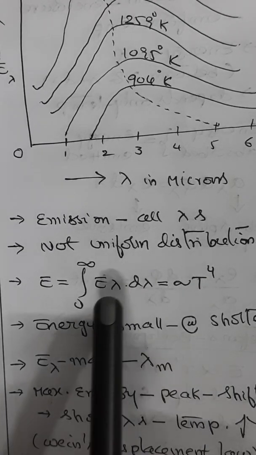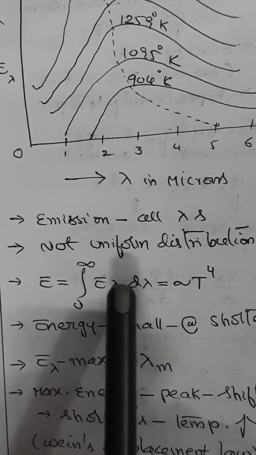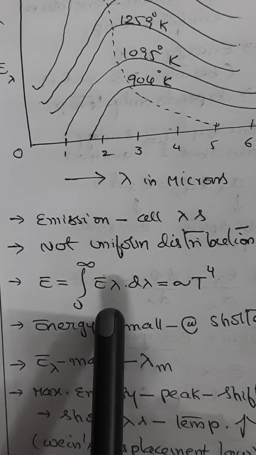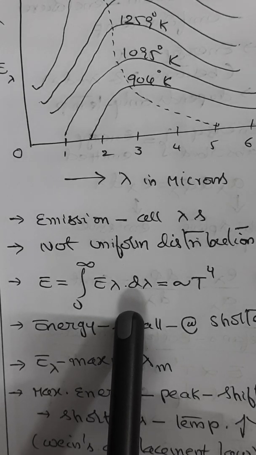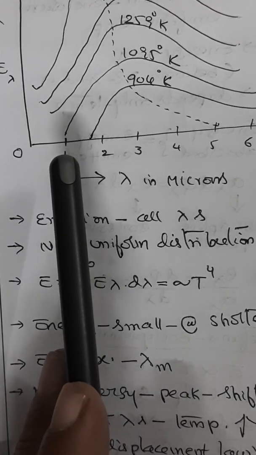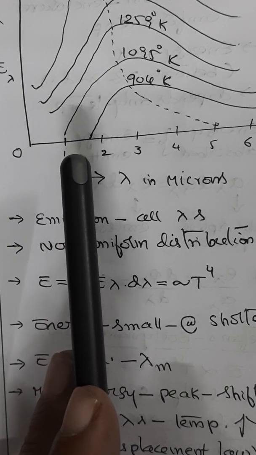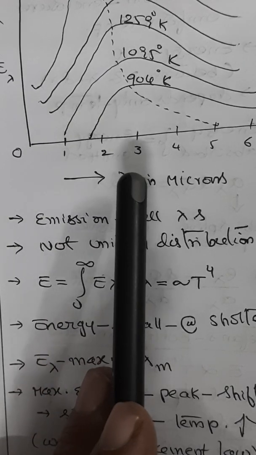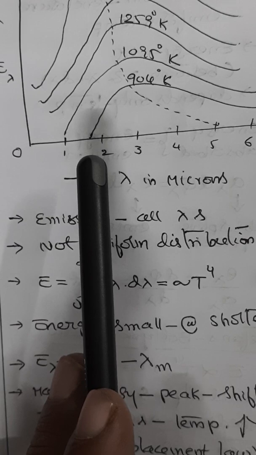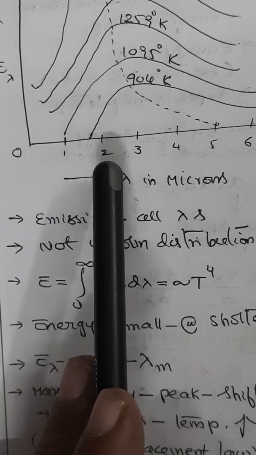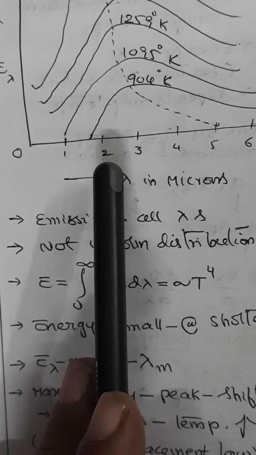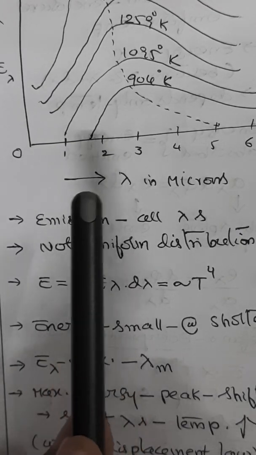So the amount of radiated energy emitted is very small at very short and very long wavelengths. At a particular wavelength, let us say lambda m, or lambda maxima, most of the energy is emitted at wavelengths not very different from lambda m.